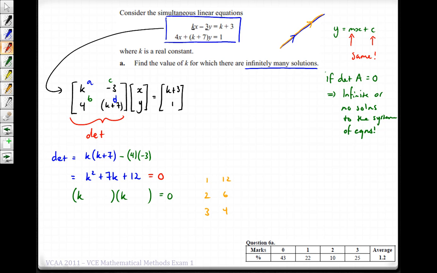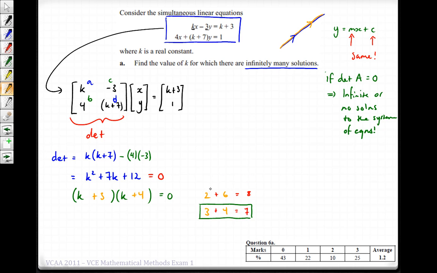So if we were to add these together, which one gives 7? Well, that gives 13. That gives 8. So 7 is here. This is the one we want to use. So we're going to insert plus 3 and plus 4 into that expression there.